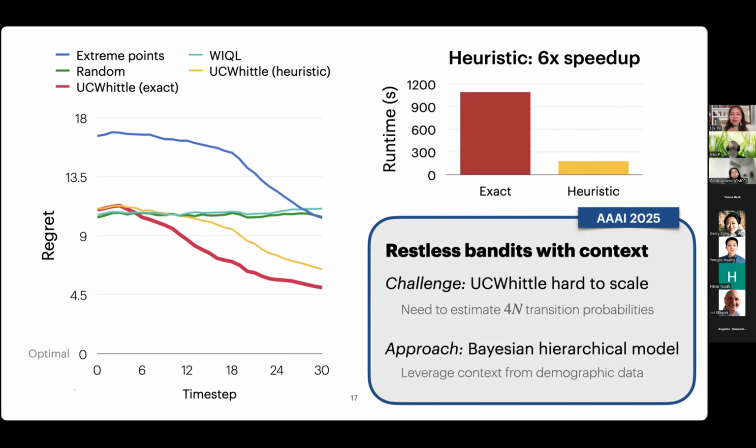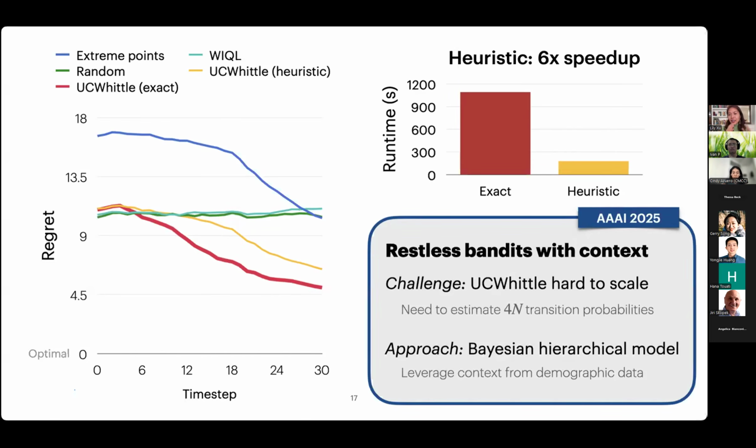So instead, we're leveraging context from the demographic data, and then the size of our problem is now only with respect to the number of parameters on those demographic features and is now independent of n.